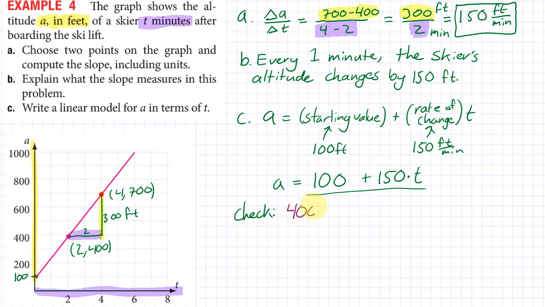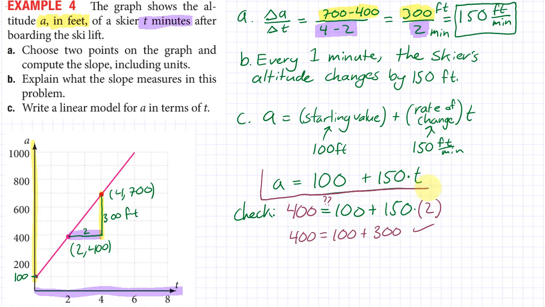Is 400 equal to 100 plus 150 times 2? You can do the math here and make sure that works. And it does. You end up getting 400 equals 100 plus 300. And yes, it is. So yes, this really is the equation of that graph.